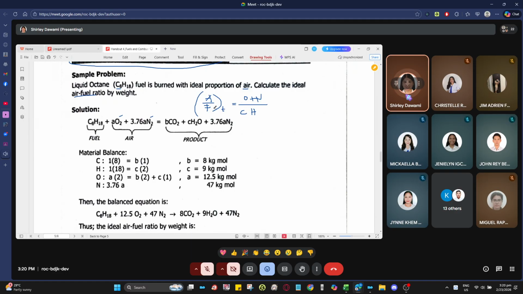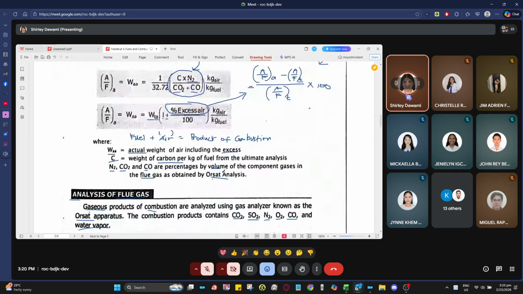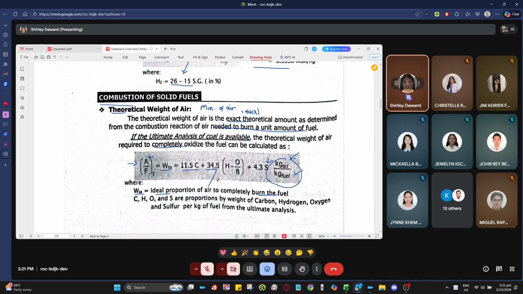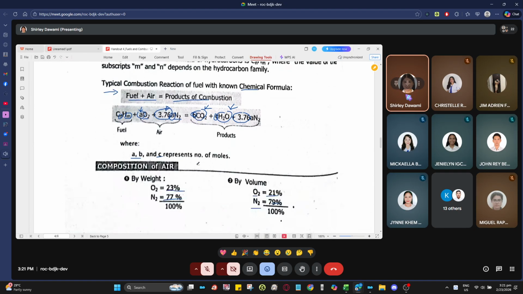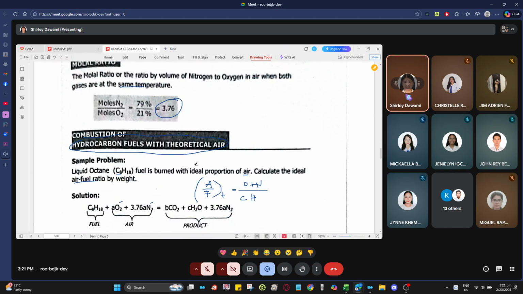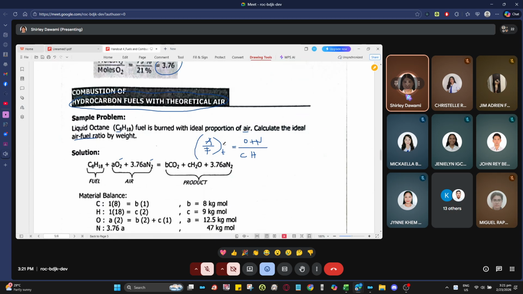Be careful not to be confused with the formula for the theoretical and actual weight of air, because that is for solid fuels. For this one, this is for the hydrocarbon fuels. It is literally just the air-fuel ratio.